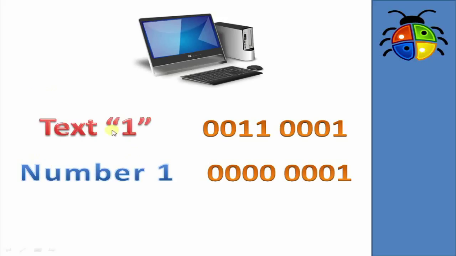So if we look at the computer and how it thinks, we'll actually see that the text number 1 has this code. So this is what we call ASCII code, which means that a text number 1 has this number code in binary. However, a number 1 would have this code in binary.